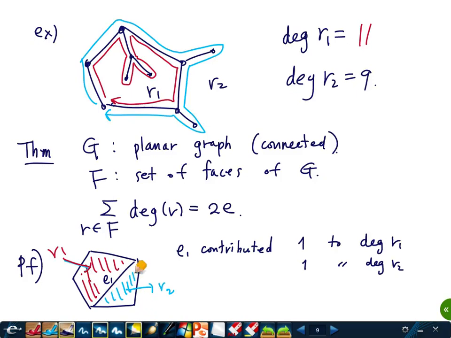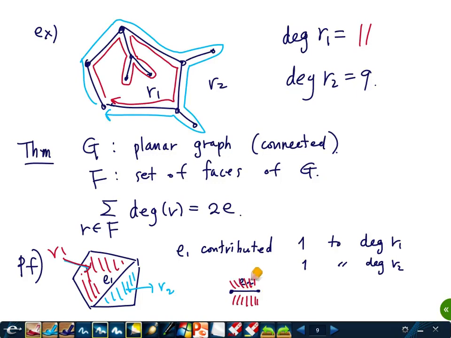Same over here. In total, the contribution of E1 to the left-hand side is 2.